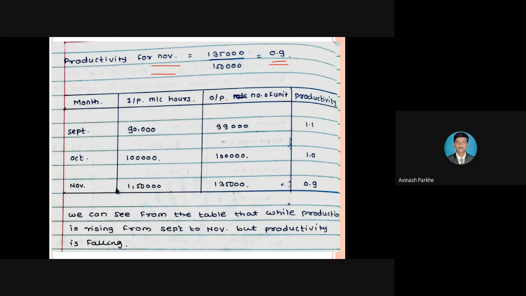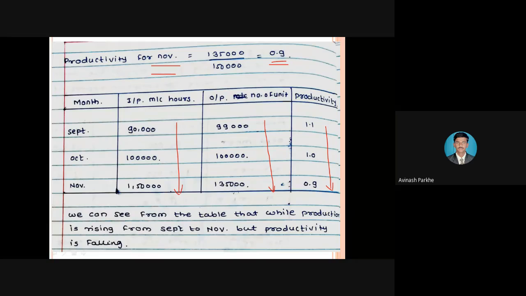So in order to understand the difference between production and productivity, we have discussed this example in the last lecture, because here you can see there is a continuous increase in input and an increase in output, but a decrease in productivity.